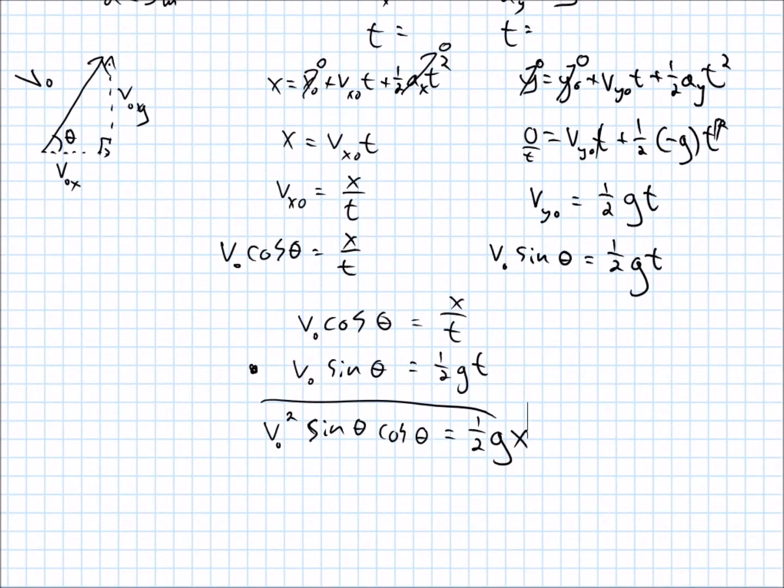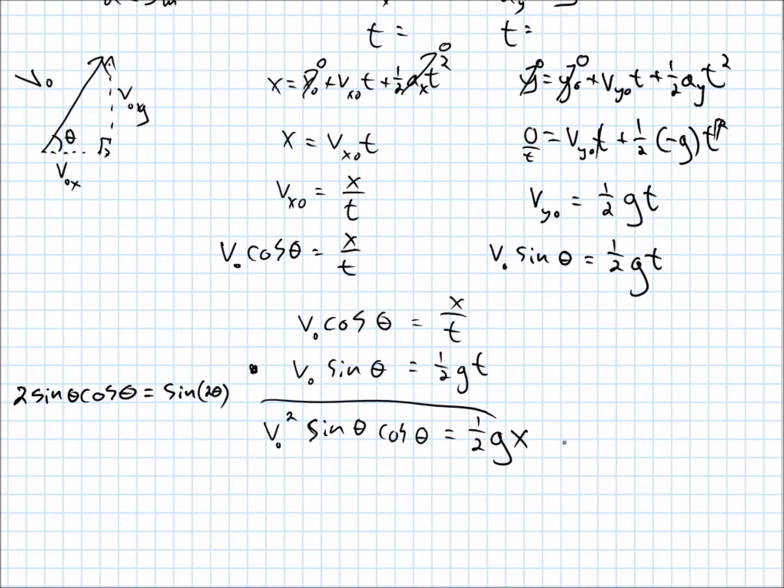The problem is it's inside of two different trigonometric functions. We can't really get it out unless we employ a trick that we may remember from trig. And it's an identity that 2 sine of theta cosine of theta is equal to the sine of 2 theta. Sine of 2 theta. There we are. So if I rearrange this, I can get that.